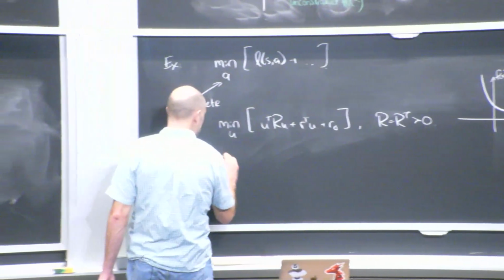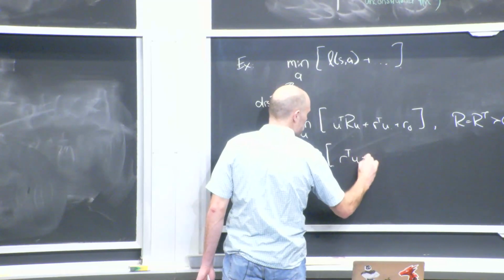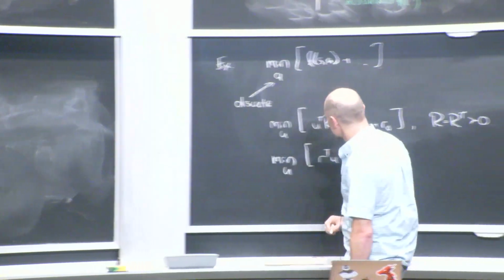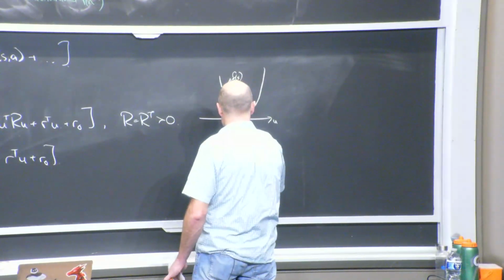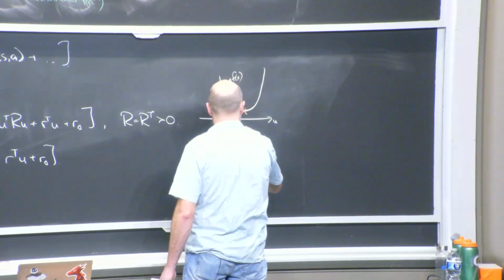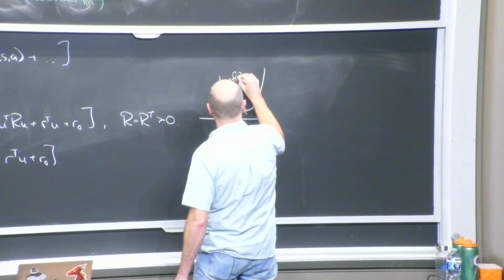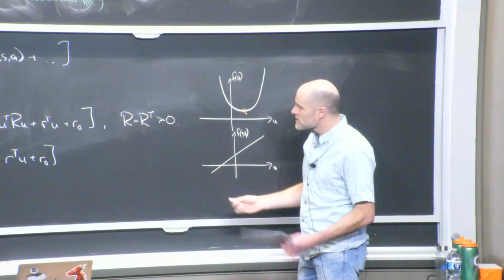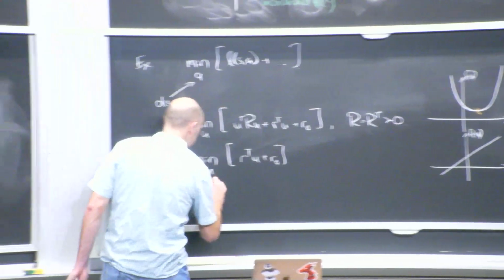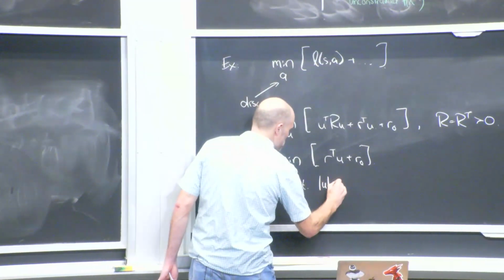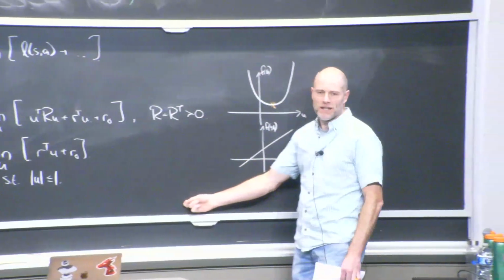And we also talked about linear things, where the objective function maybe looks like this. But we never wrote that unless we also wrote some constraints on u, because otherwise the minimizer would be negative infinity.